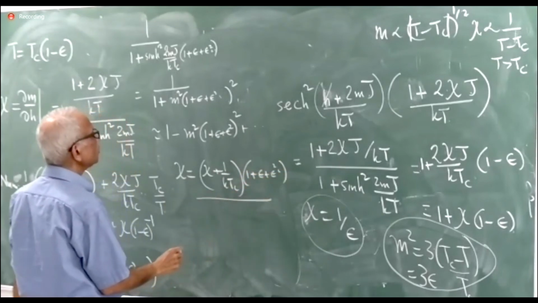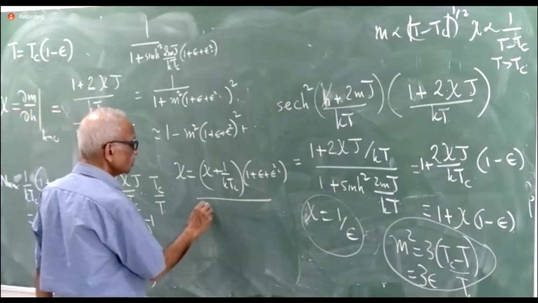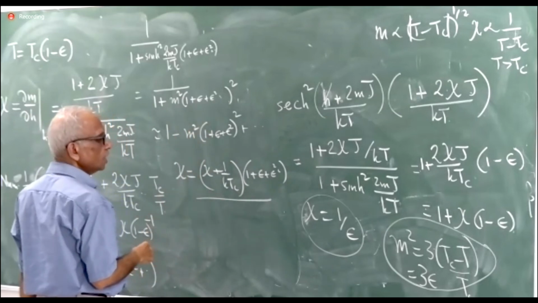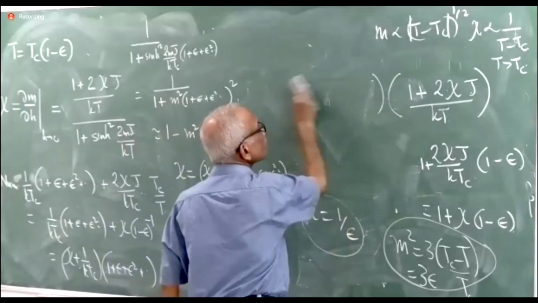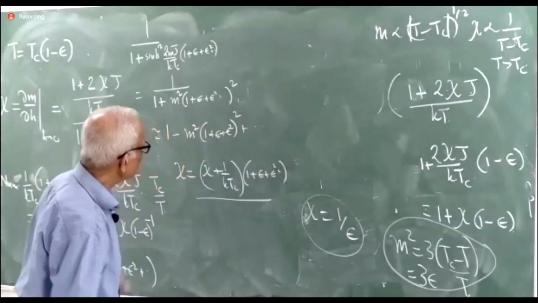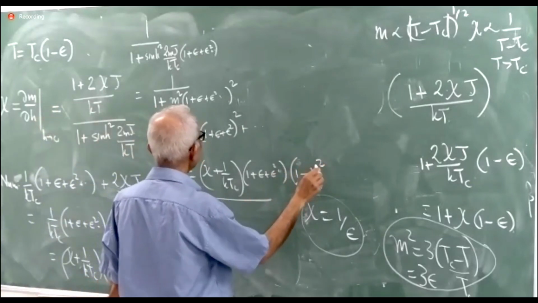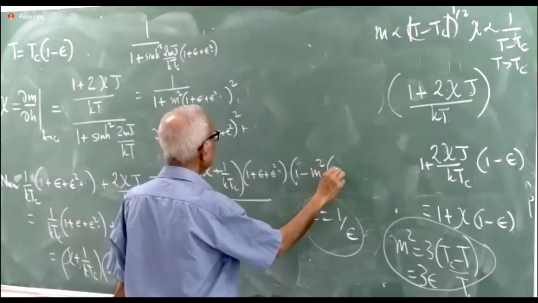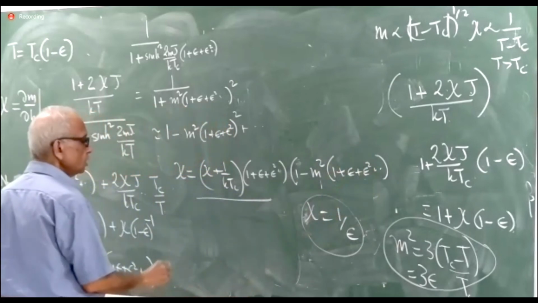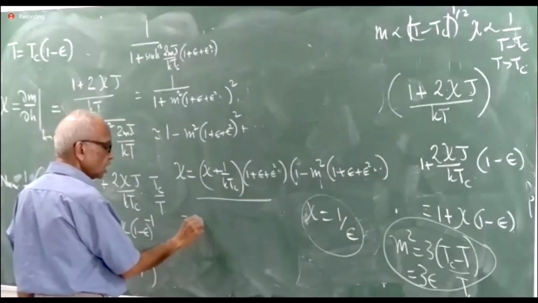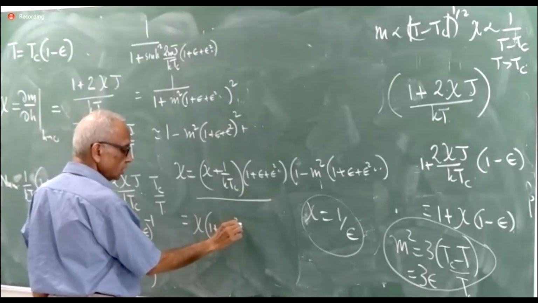And then in the denominator, it is 1 plus 1 over this, which is 1 plus m square into that, which if I take into the numerator is 1 minus m square into 1 plus epsilon square and so on, which is equal to chi into 1 plus epsilon square.